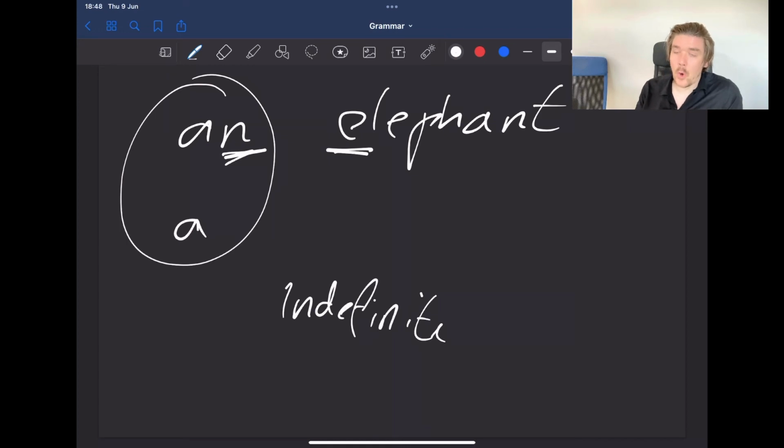And the only reason we use it is for simplicity's sake when pronouncing stuff. It's easier to say an elephant than it is to say a elephant, because your mouth gets some sort of consonant to stop the vowel sounds, or else it just flows together like a soup.